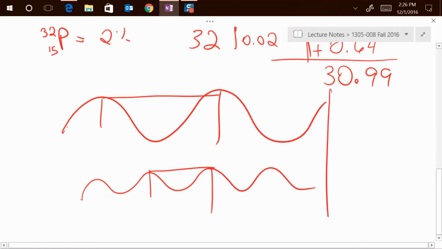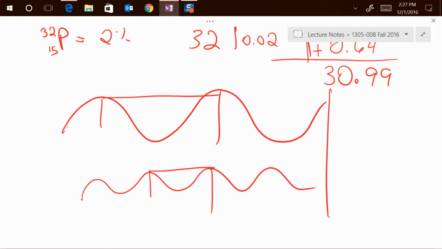But which one has a higher frequency, meaning which one will penetrate this point more often per second? The smaller one. That means this has a higher frequency. This one has a lower frequency. This one has higher energy because it has a higher frequency.